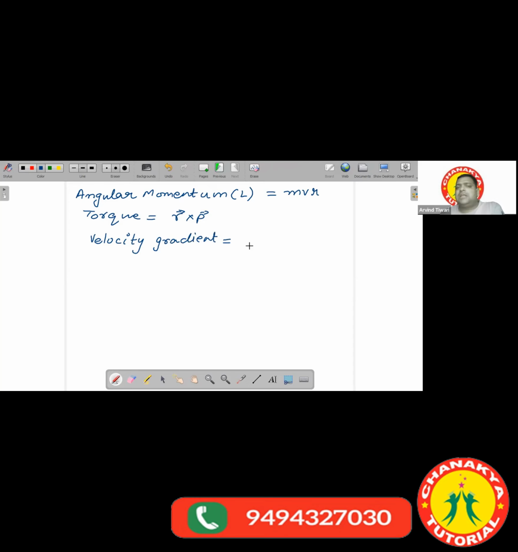So velocity gradient is given by dv by dx. Then write the dimensions of charge, Q. Electric potential, V.